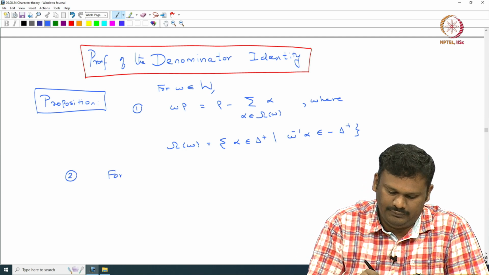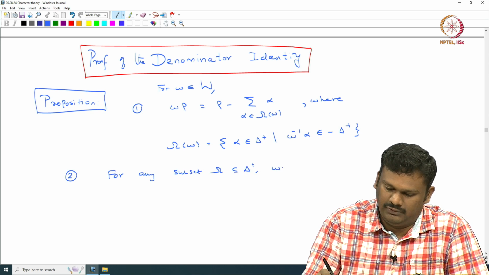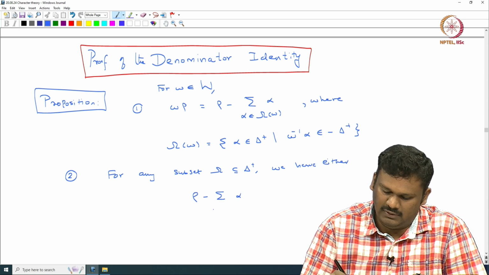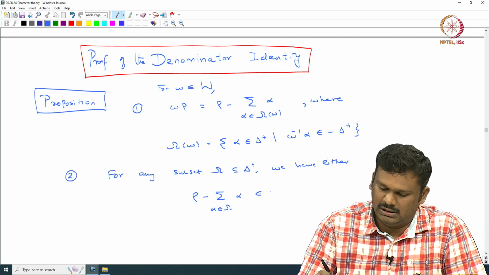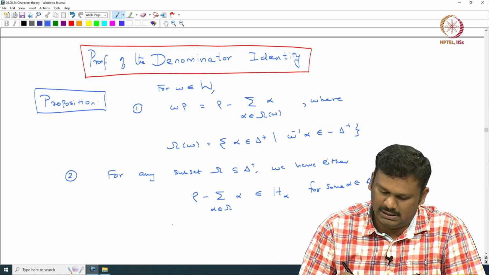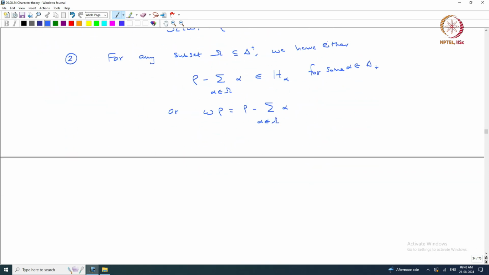For any subset omega of delta plus, we have either rho minus summation alpha, alpha in omega, is in H alpha for some alpha in delta plus, or this can be written as W rho. So, this tells you that there are only two possibilities for rho minus summation alpha, alpha in omega.